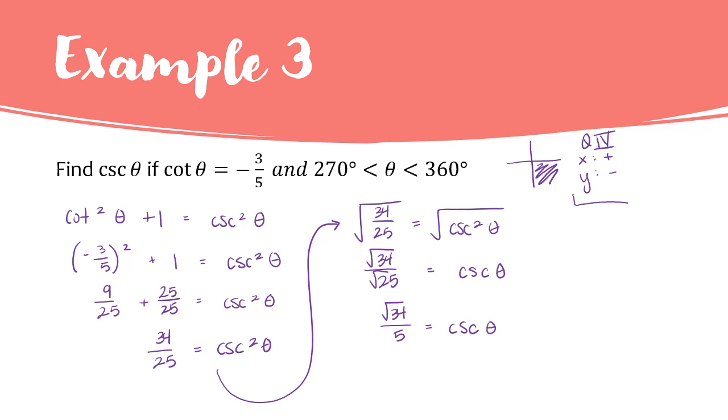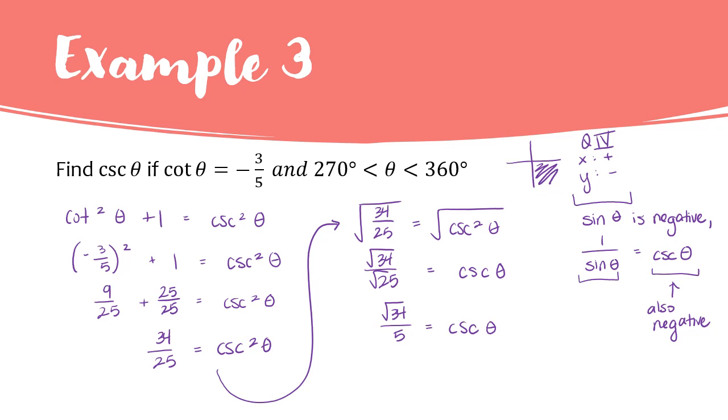So if our y values, which are our sine values, are negative, then so is the reciprocal of that, 1 over sine. Remember, this is our reciprocal identity. Cosecant is also going to be negative if sine is negative in this particular quadrant.